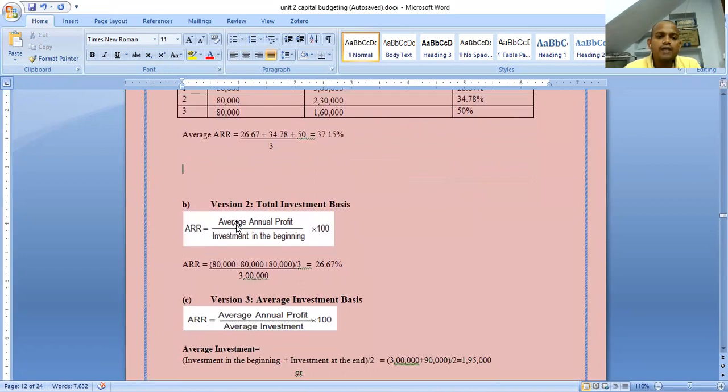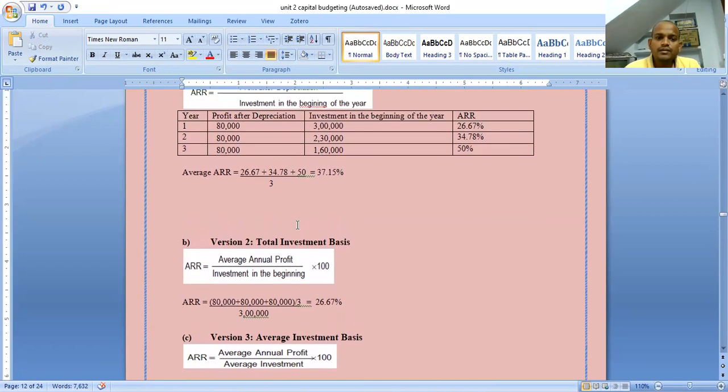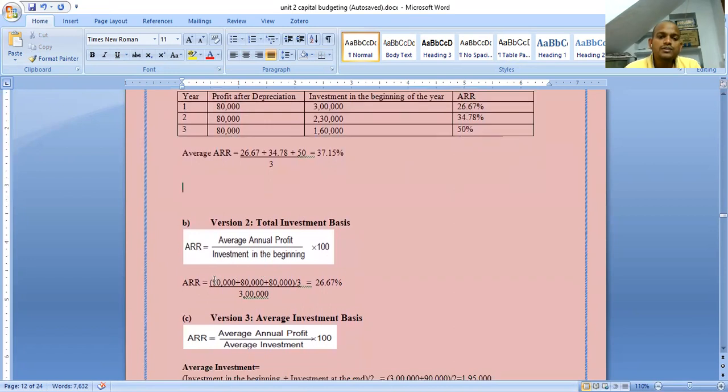See, average annual profit. Now we have to average all the annual profits, 80,000, 80,000, 80,000 divided by 3. We have to average it.